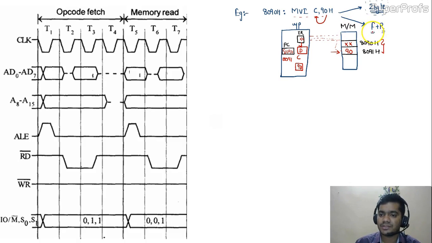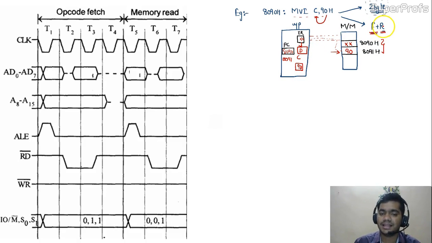The first machine cycle for every instruction is an opcode fetch, because with it we understand the type of instruction and what operation is going to be performed. The second machine cycle, read, tells the microprocessor that it will read data from the memory and then transfer it into a register.